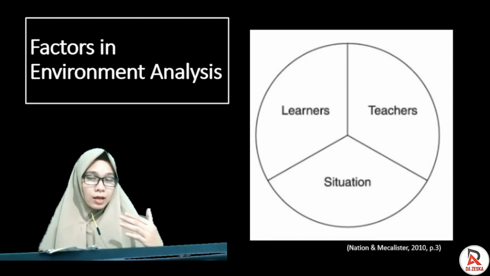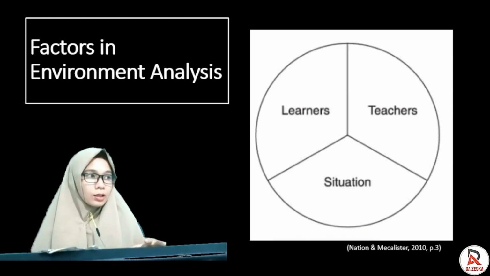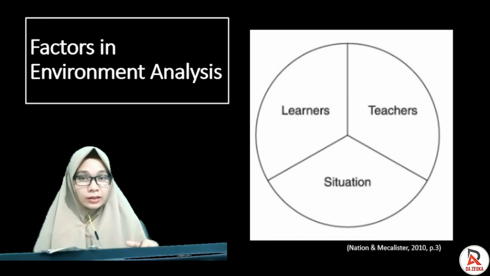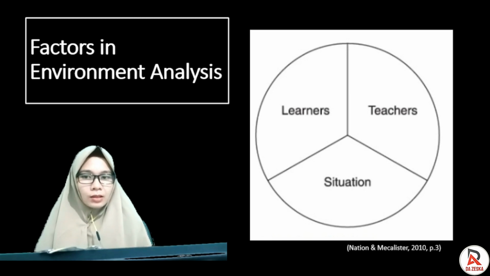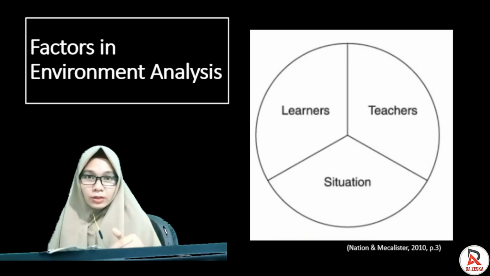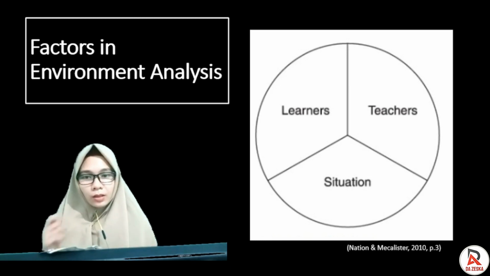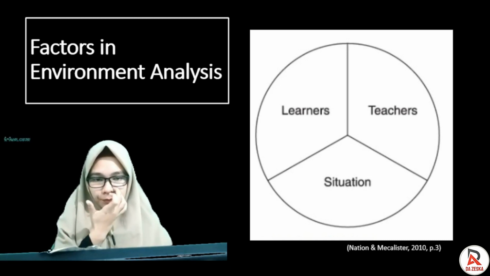Those factors are actually the basic things that a teacher should understand, because the information about the learners and the situation they are having is very influential for your teaching success and for learners' success in a course.